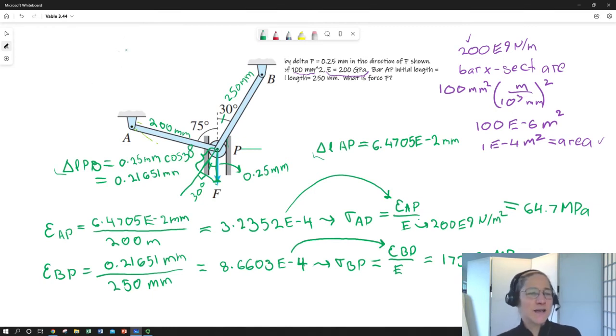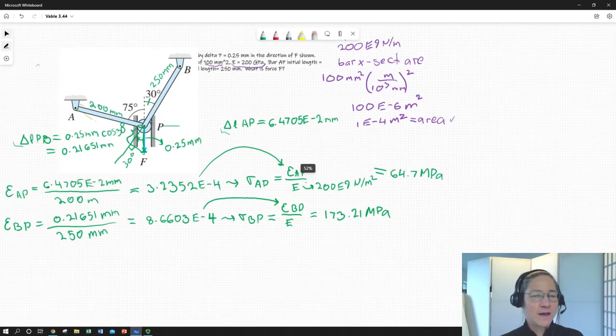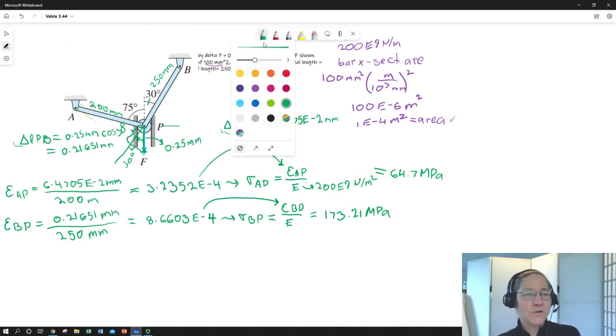So the next step will be using what we have now and what we've determined about area, cross-sectional area. We're kind of given that. And take a look at how we convert from stress to, I'm going to change color here, to force.